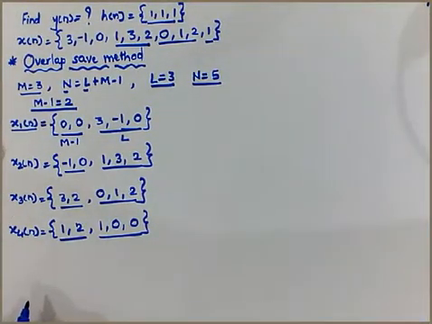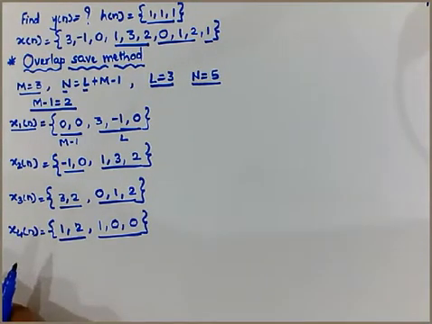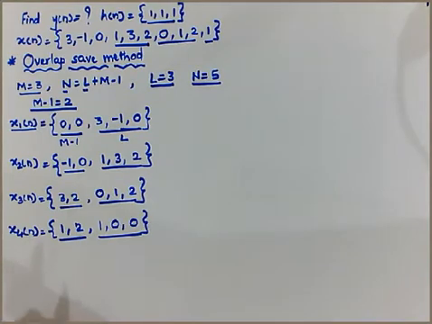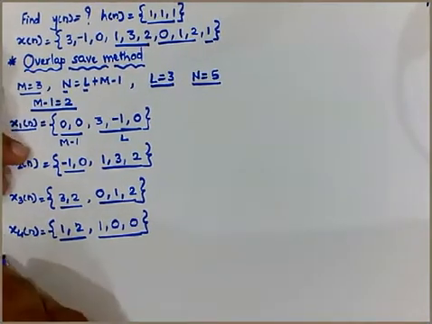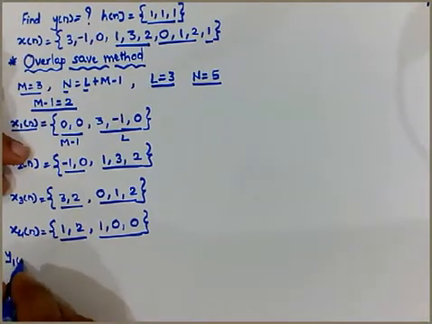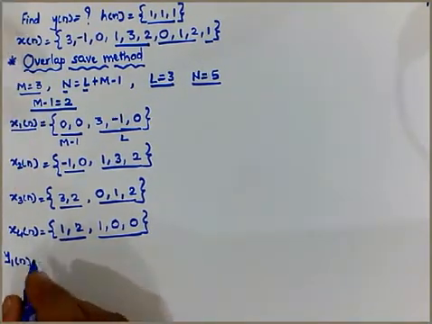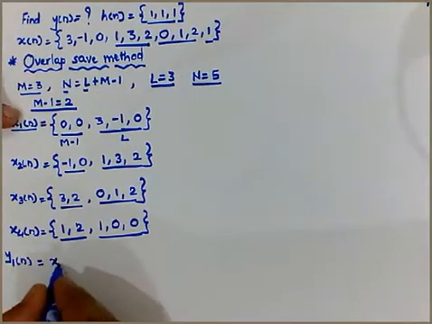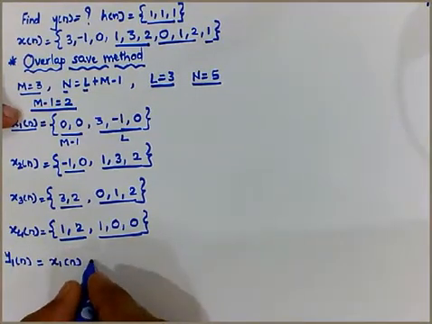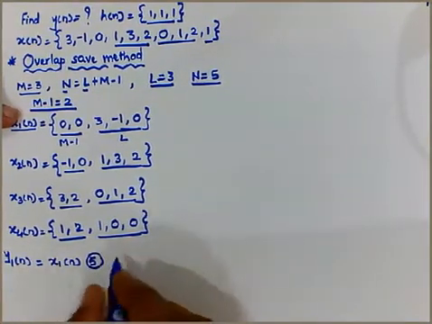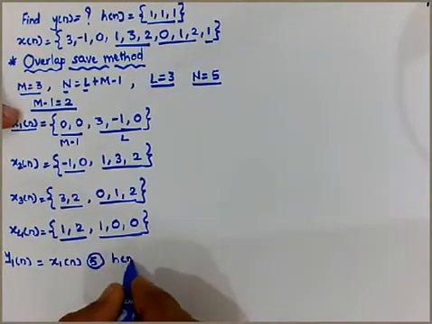Once this x4 of n is done, later on we need to obtain the related y1, y2, y3 and y4. For getting y1 of n, we need to take x1 of n in a 5-point circular convolution with h of n.